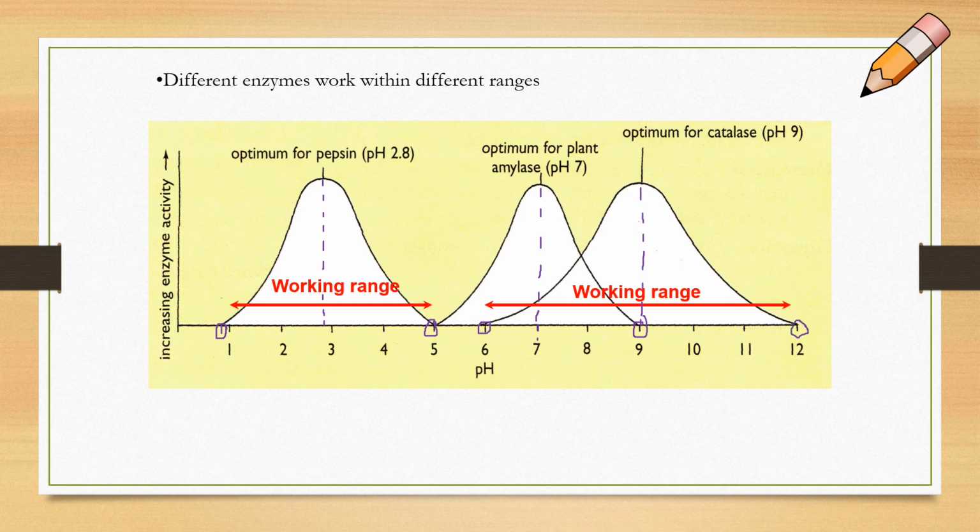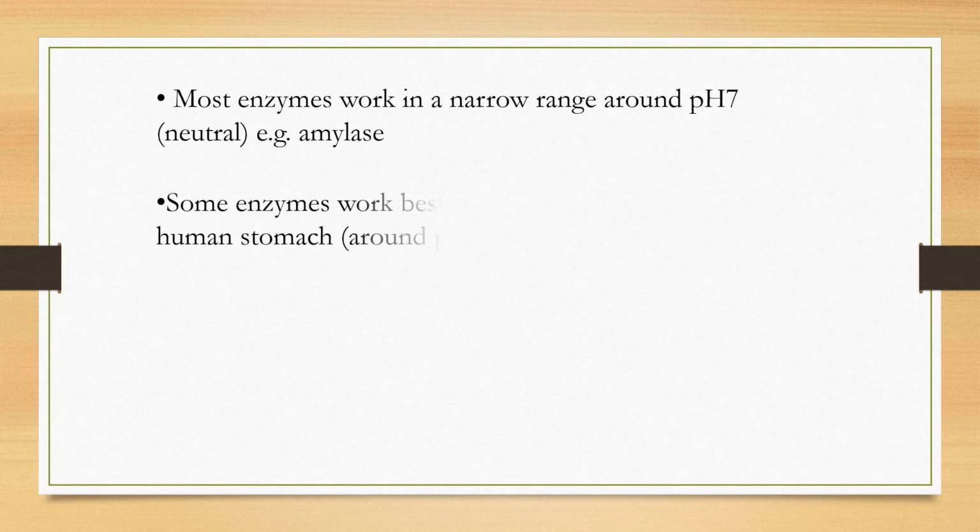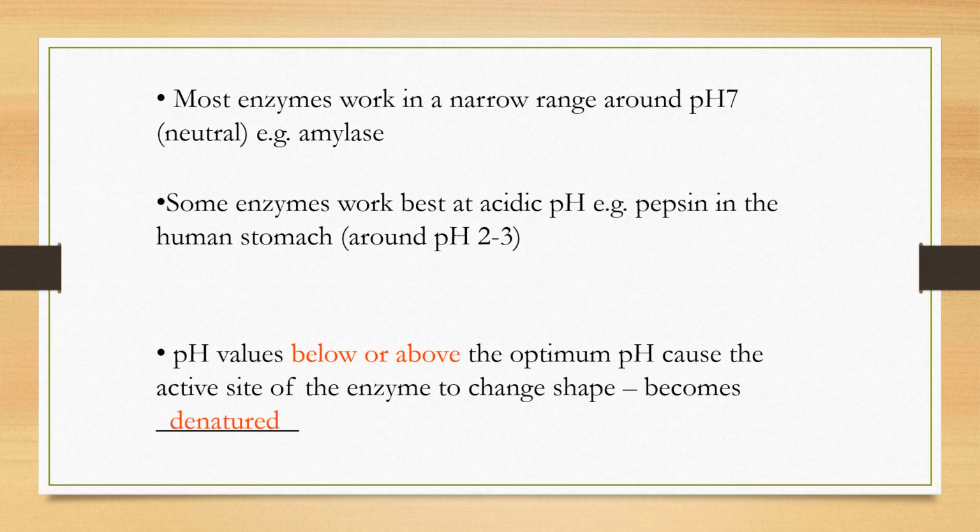As you notice, all of these different enzymes have different working ranges and different optimum pHs. Most enzymes work in a narrow range around pH 7 neutral, for example, amylase. Some enzymes work best in acidic conditions, for example, pepsin in the human stomach.